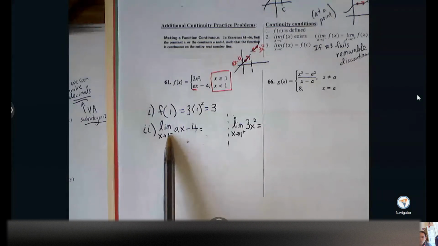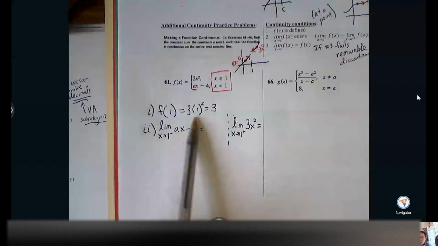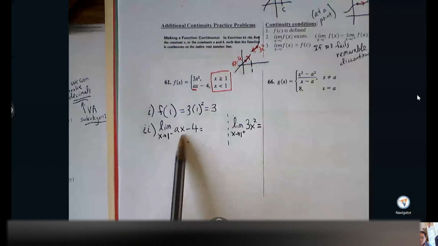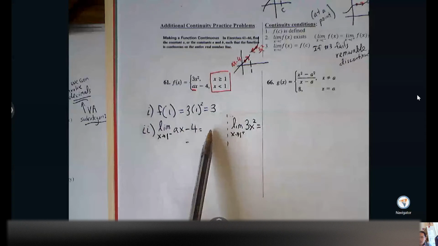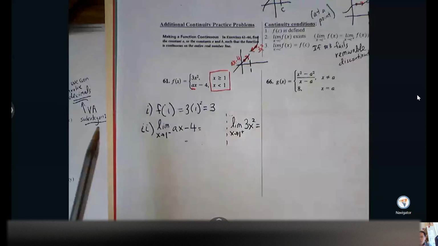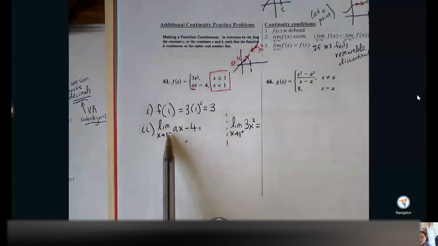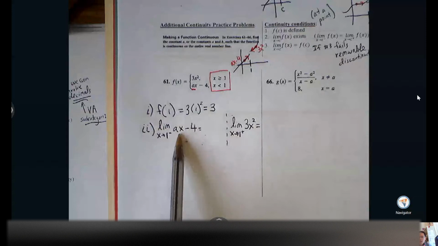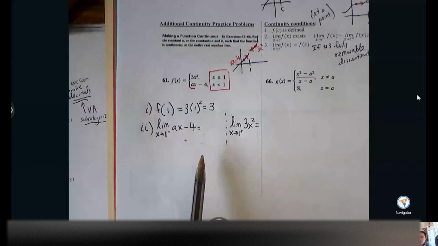Well, we talked about how we only do decimals if we can confirm that there's a vertical asymptote. But we always want to plug in first to get a feel for what's happening at that point. Remember, we only do something with decimals if we've come to the conclusion that there's a vertical asymptote and we need to subcategorize it because it's either positive or negative infinity.